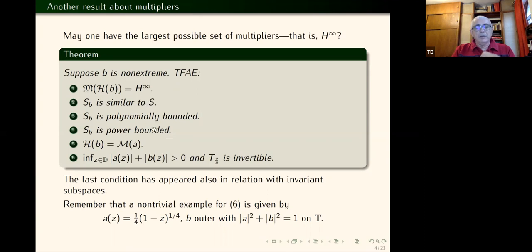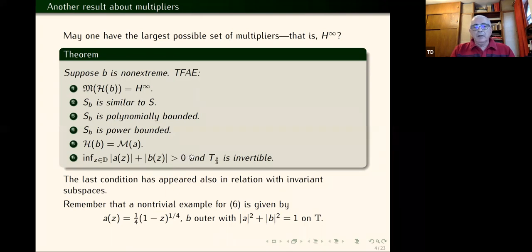But the other three are quite easy to understand, namely that S_B has these three properties that normally imply one the other. 2 implies 3 implies 4, but in this case, they are all satisfied precisely when this condition 6 is satisfied. You remember that I already discussed that S_B is not a contraction.